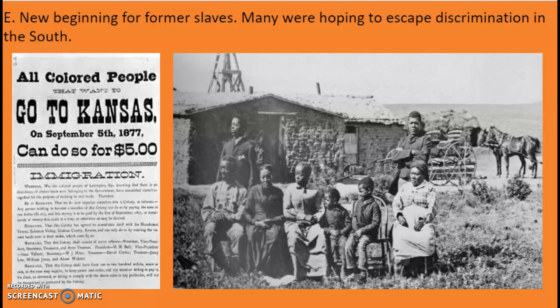So if they scrounge up enough money, they can get to Kansas and then start a new life there and be free, which is amazing because before they weren't able to do that. There were still things like the Black Codes and the Jim Crow laws that were holding them back. And on the right, there's a picture of a family that did move out west. And you can see their sod home in the back, you can see there's a windmill back there, and we're going to talk about these technologies in a minute.